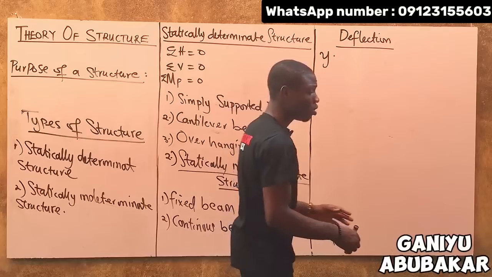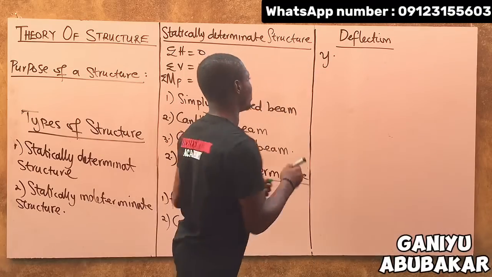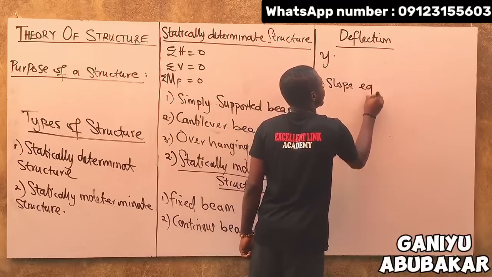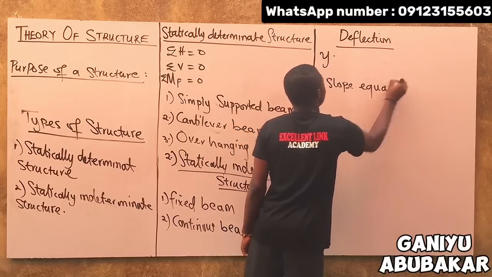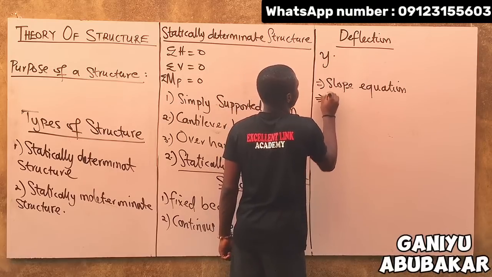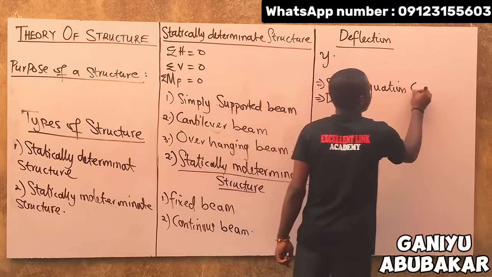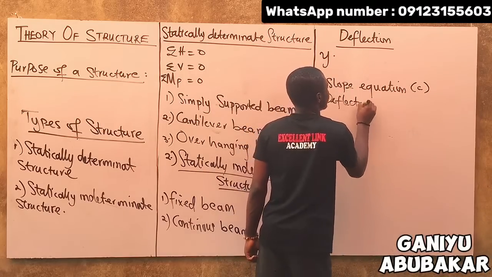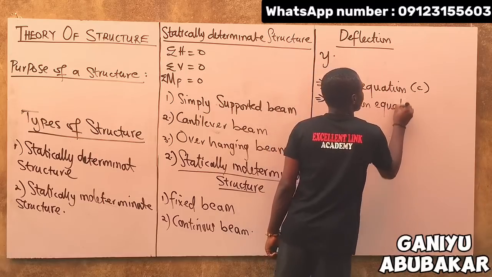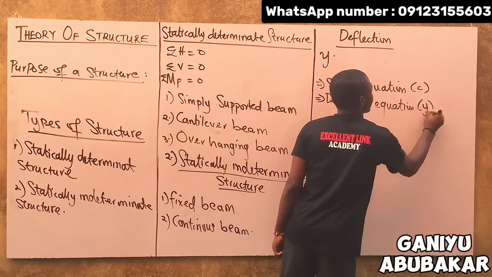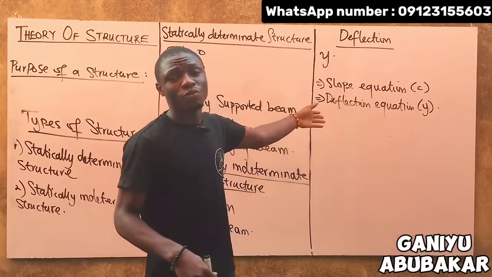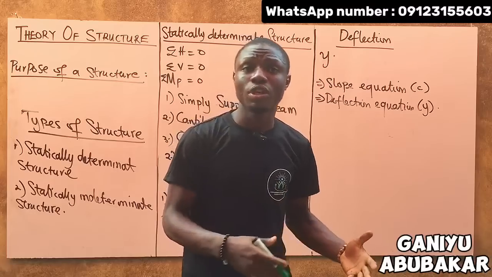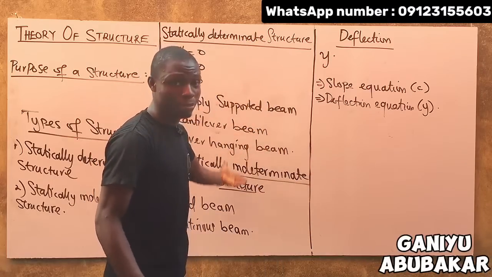So when it comes to the structure, we'll be deriving for slope equation and also deflection equation. The slope equation is represented by C, while the deflection equation is Y. So we'll be actually looking for the slope equation and deflection equation of some structures, let's call it beams in this case, right?